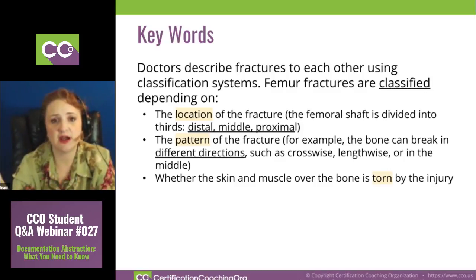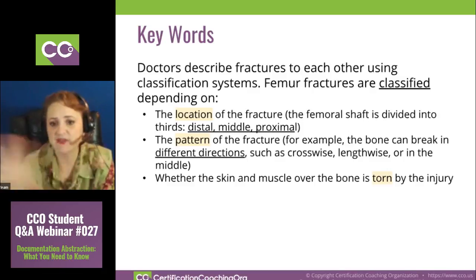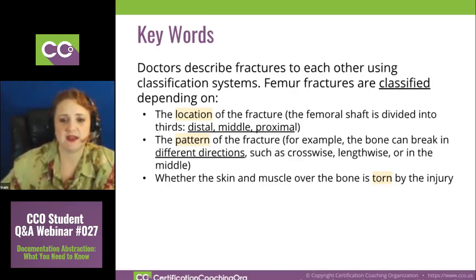So I know everything I need to know about open and closed, right? So I'm going to say I don't even need to read that. But distal, middle, and proximal, I need to know what those are. And then different directions. And so if you're studying, you would stop right there and you'd go look up what is distal, middle, and proximal on a fracture, okay? And then you're done. You don't need to read anything else.